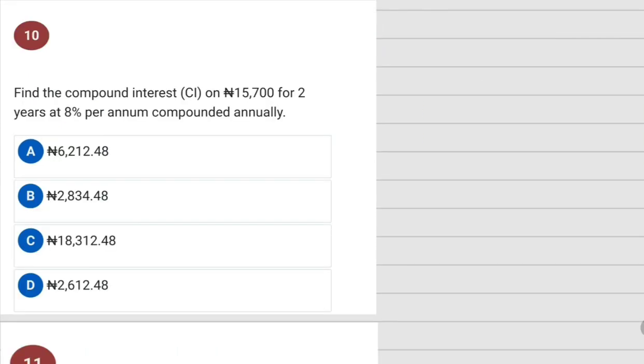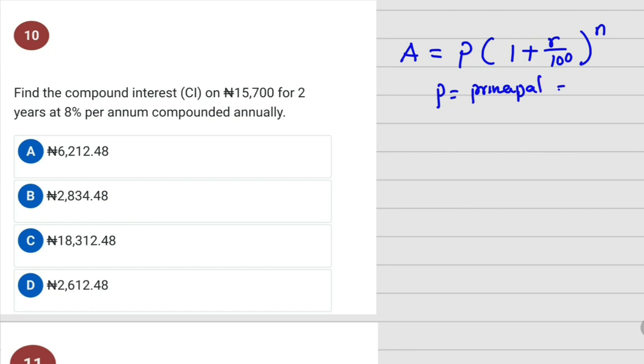Okay, number 10 is a compound interest problem. Without any waste of time, we are going to use the compound interest formula, which says that amount is equal to P into open bracket 1 plus R over 100 close bracket raised to power N, where P stands for the principal, and in this case, the principal is 15,700. Then R is the rate, and in this case it is 8%.